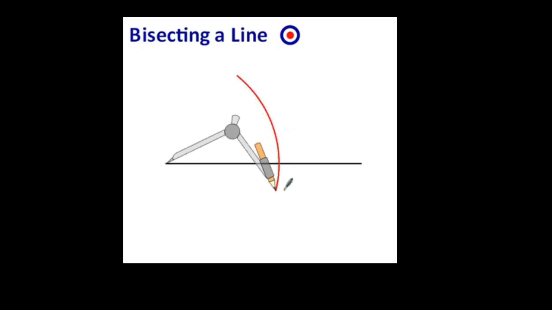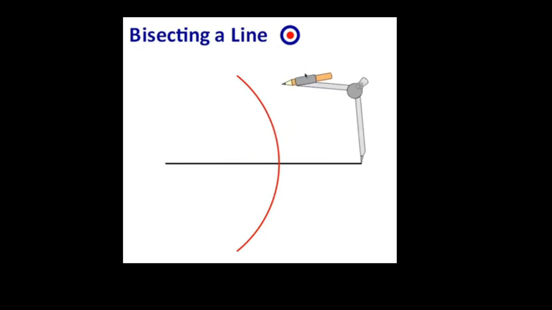Now draw the arcs on both the sides. You may draw it fully, or you may simply draw a small arc. Now similarly, placing the compass onto the point B, which is at the trailing edge of the line, do the same procedure and draw the arc.